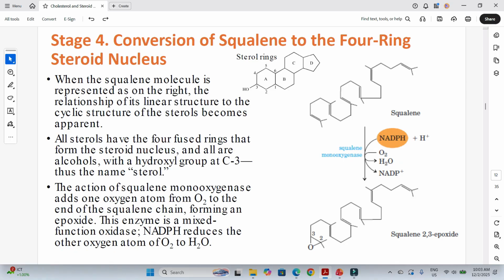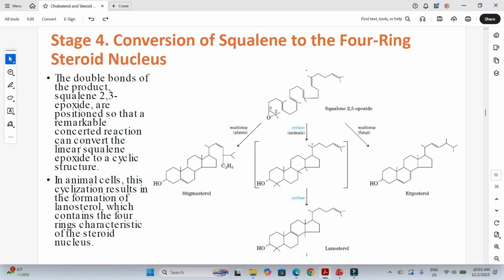Now, a positive charge develops here, which will be attacked by this carbon atom, forming the 4th ring. So in the end, what you get is this intermediate. Now, this intermediate undergoes further reaction in order to produce lanosterol.